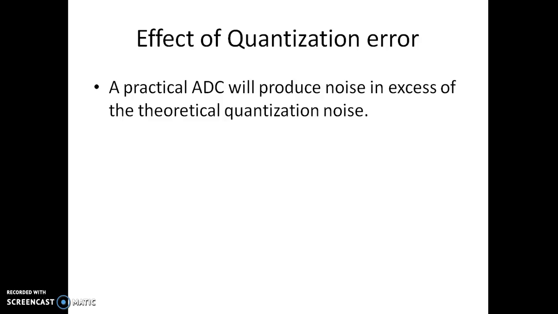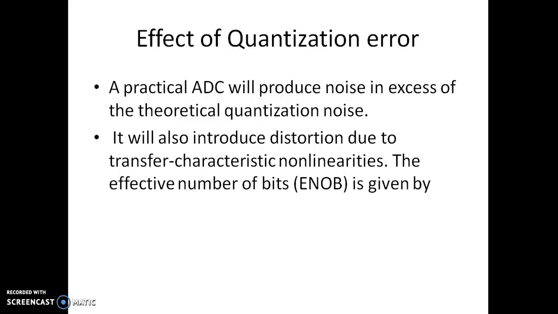Because of the semiconductor components used for producing the ADCs, there are some other practical noises that will be affecting the quantization. It will also introduce distortion due to the transfer characteristic nonlinearities of the transistors, resistors, semiconductors, op-amps, all those things.